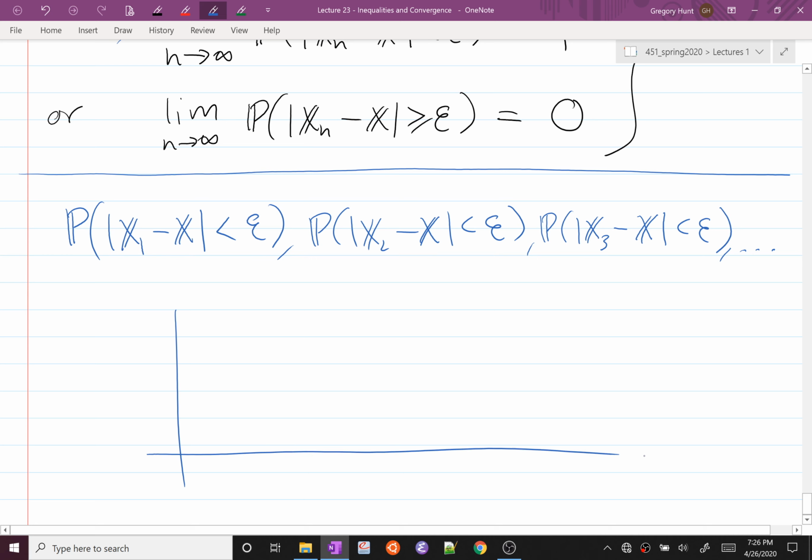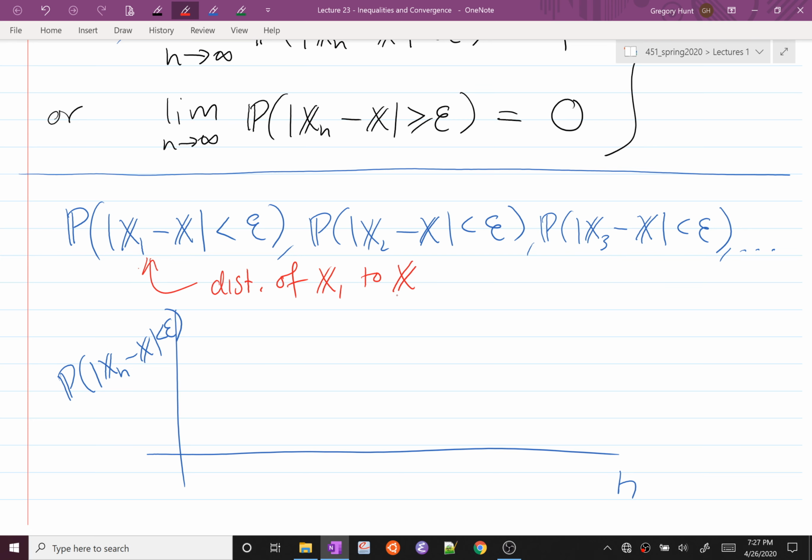This is a measure of the distance of X_1 to X, X_2 to X, X_3 to X. If I fix my epsilon, what's the probability the distance between them is less than epsilon? As I do this, I get a sequence of numbers.